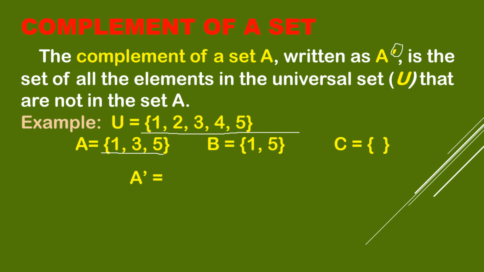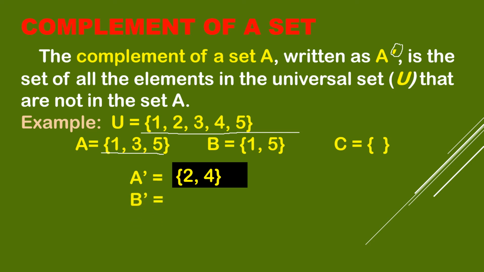At yung natira kay universal set, yan yung sagot natin dito sa complement of set A or A prime. So we have here 1, 3, 5 for set A. Tanggalin natin si 1, 3, 5 kay universal. So ano ang natira? 2 and 4. Therefore, A prime is equal to 2 and 4. Naintindihan?